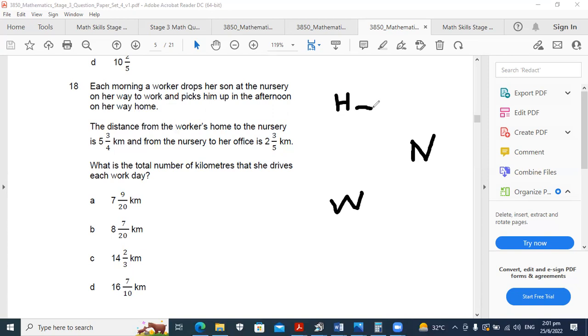So she goes from home to nursery. That's 5 3/4. And then, hold on. Each morning a worker drops her son to the nursery, and then she goes to work, from the nursery to her work, which is 2 3/5.